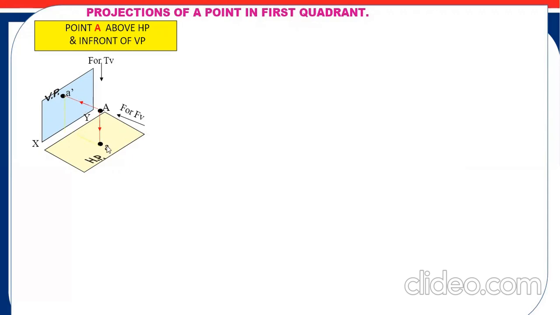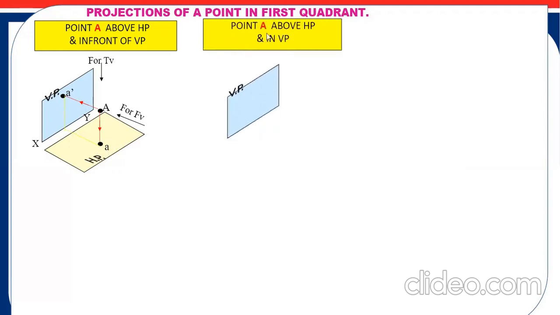Then next, point A above HP and in VP. Now see, point A is above HP but in the vertical plane, so somewhat in the vertical plane here. Definitely it is above the XY line.